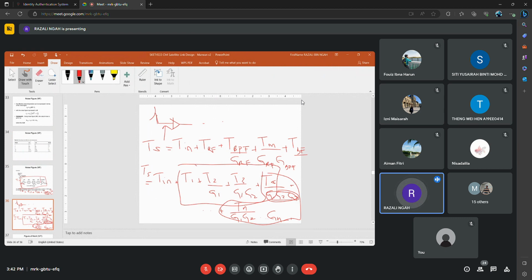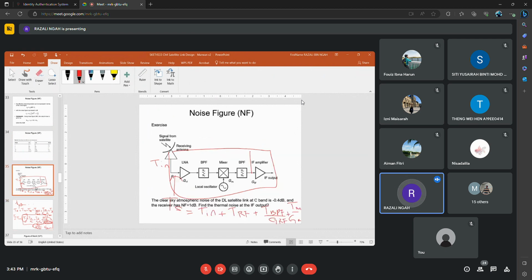The main contribution to noise temperature is the first component. T1, T2, the numbers 1, 2, 3 refer to the first component, second, third, fourth, fifth, and so on.